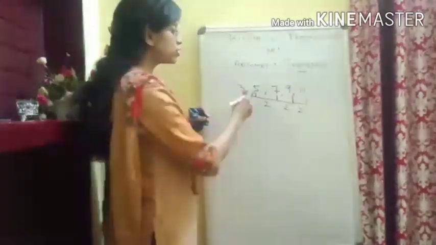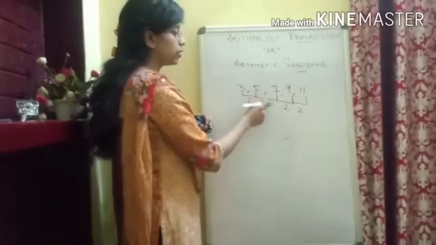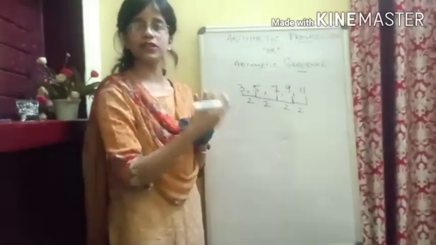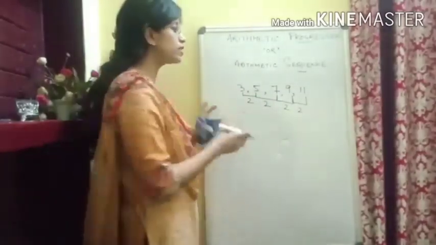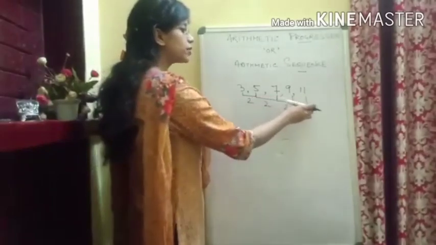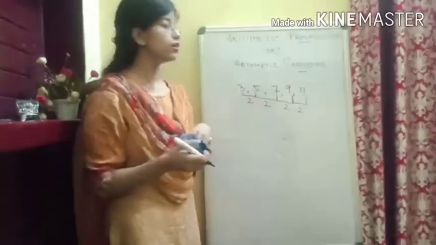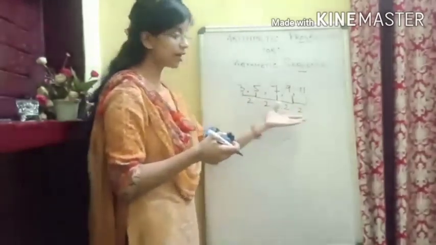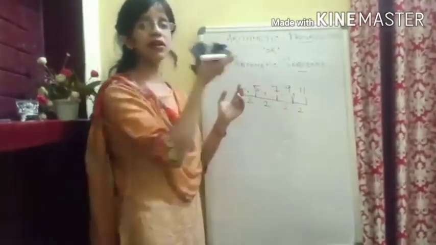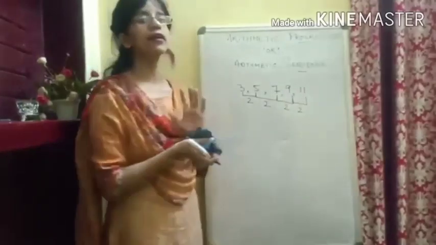Every time you are adding a particular number. It could be 2, it could be 3, 4, 5, minus 1, minus 2. That means every time you are adding a particular number to one number to get the next number.